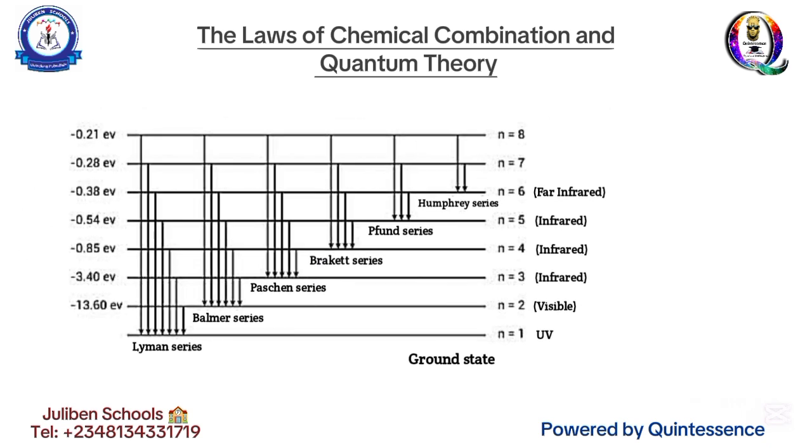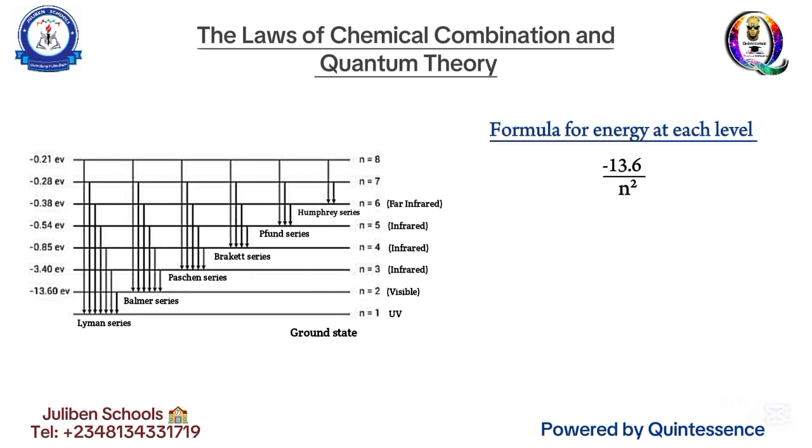So the formula actually is minus 13.6 all over n squared electron volt, right? Now, this tells you the energy at each energy level, okay? Very, very important.